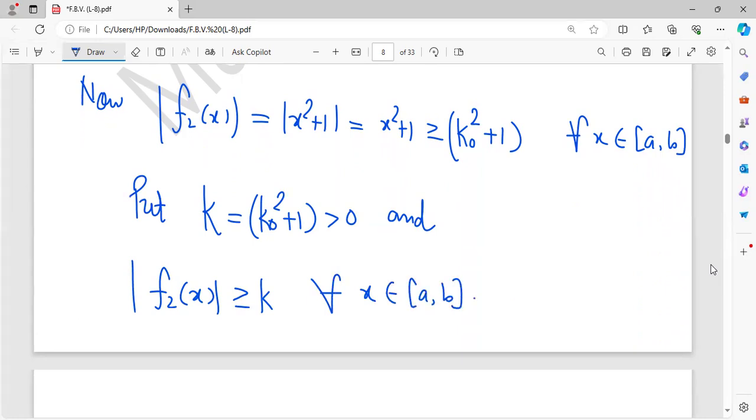Now we have f1, f2 are functions of bounded variation, and the absolute value of f2(x) is greater than or equal to k, which is greater than 0, for all x belonging to [a, b].